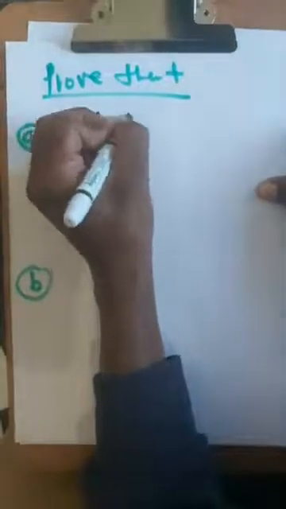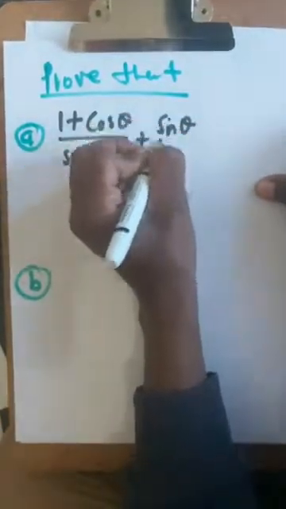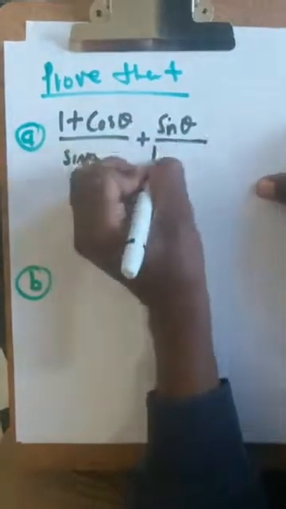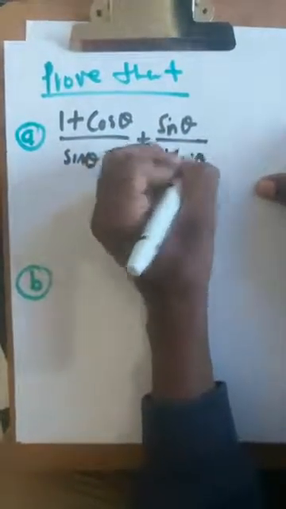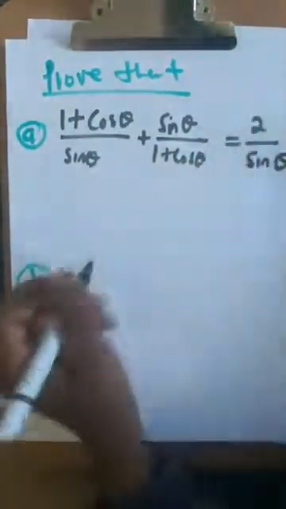We're going to prove (1 plus cos theta) divided by sine of theta, plus sine of theta divided by (1 plus cos of theta), is equal to 2 over sine theta.